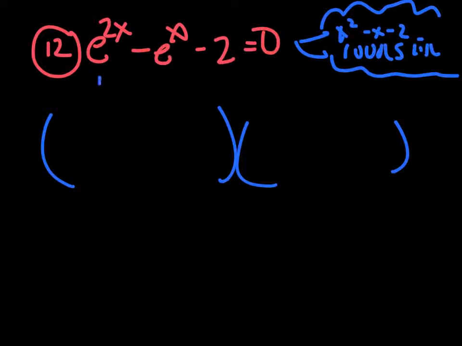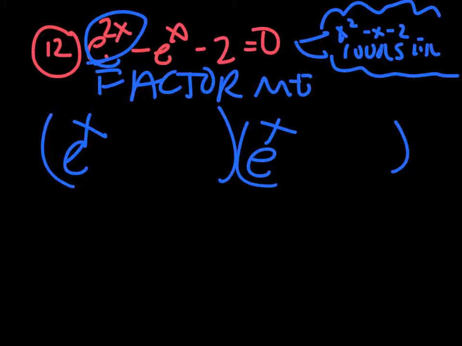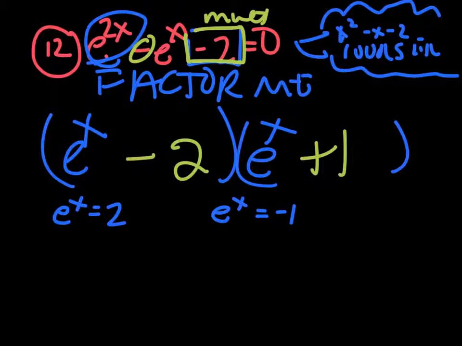So it's still going to factor. So I can split up e to the 2x into e to the x and e to the x. And then I have to come up with two things that multiply to be negative 2, add to be negative 1, which is a negative 2 and a positive 1. And then I'm going to just set each one equal to 0. And then I'm going to solve.